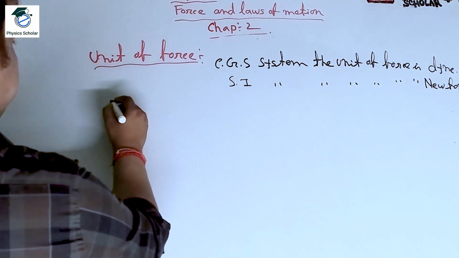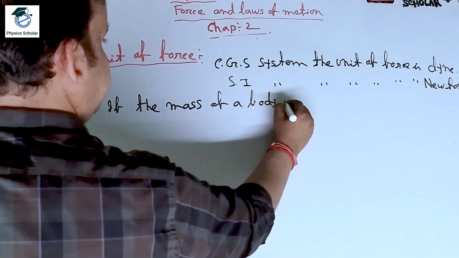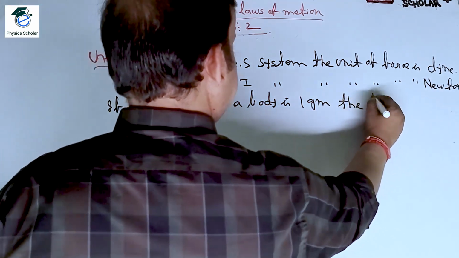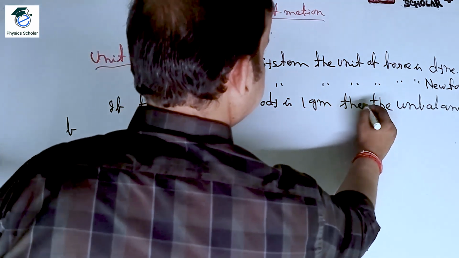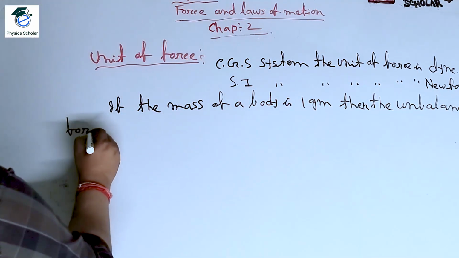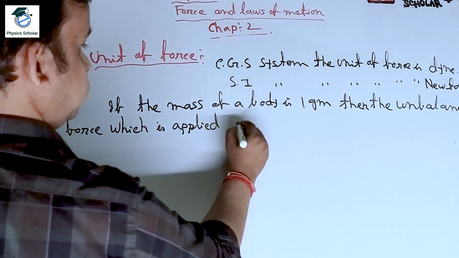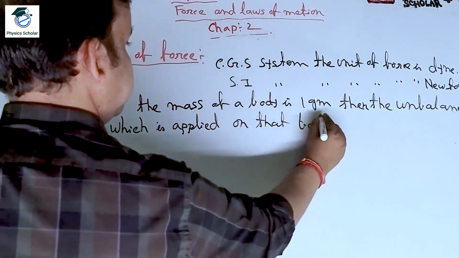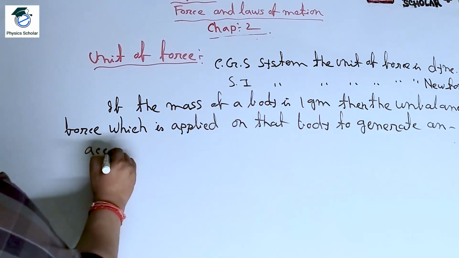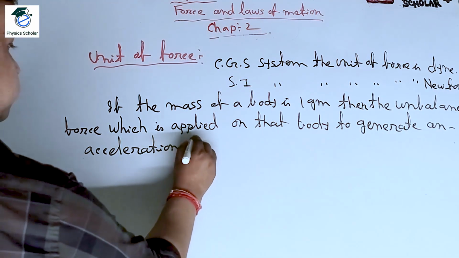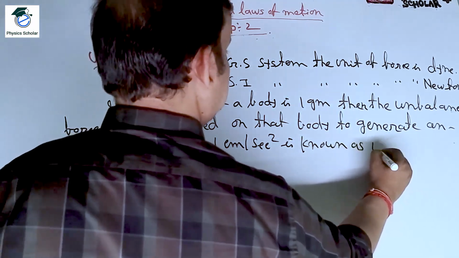If the mass of a body is 1 gram, then the unbalanced force which is applied on that body to generate an acceleration of 1 centimeter per second square is known as 1 dyne.